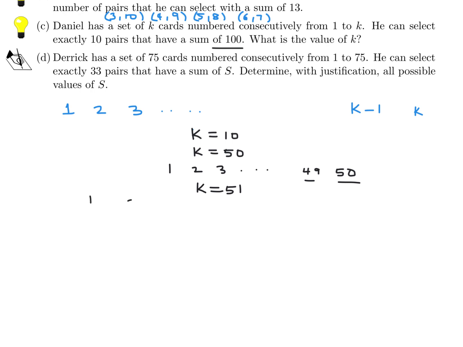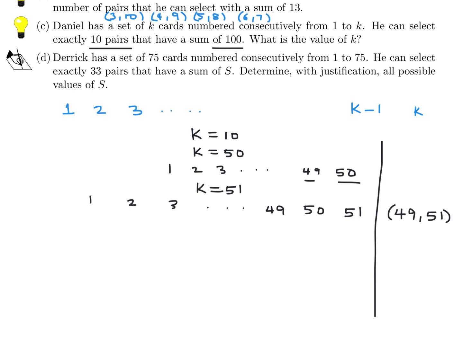So that would be 1, 2, 3, all the way up to 49, 50, and then 51. In order to get a sum of 100, I'll list the pairs over here: 49, 51, that'd be one pair. That would be a sum of 100. But we want 10 pairs.